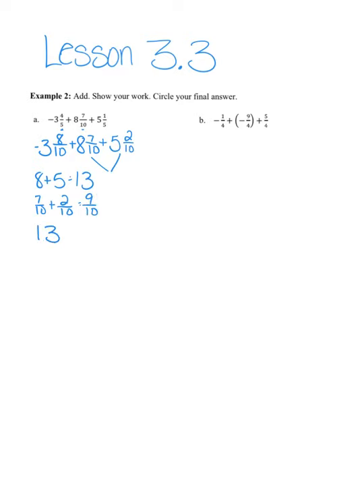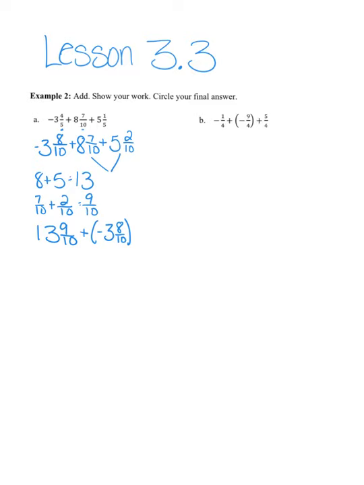So now I have 13 and 9/10. And then I'm going to add to that my -3 and 8/10. So -3 and 8/10 plus 13 and 9/10.